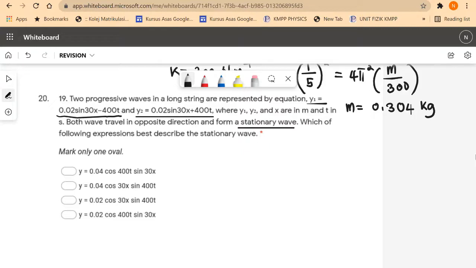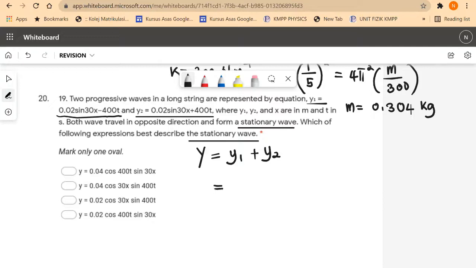Which of the following expressions best describes the stationary wave? You can get the equation for the stationary wave: y equals y1 plus y2.